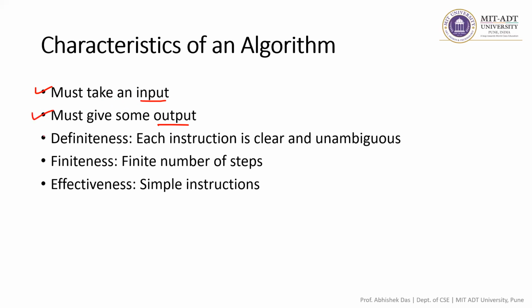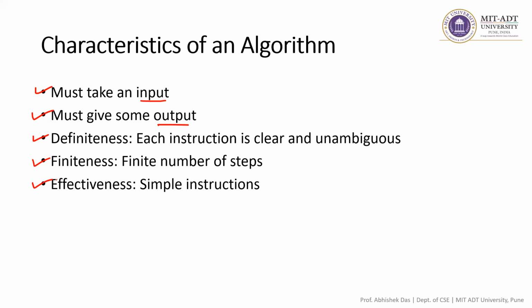And it has the property of definiteness, that is, each instruction of an algorithm must be clear and unambiguous. And related to finiteness, it means that the algorithm must be of finite steps. Okay, so it cannot run lifelong, it cannot be infinite.